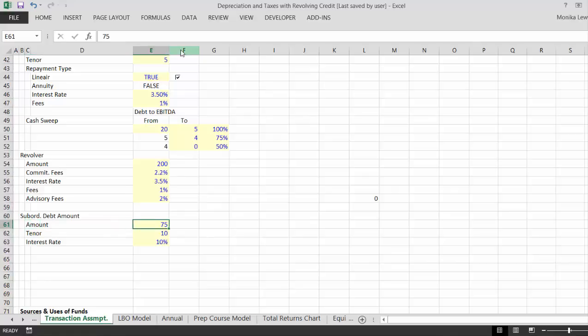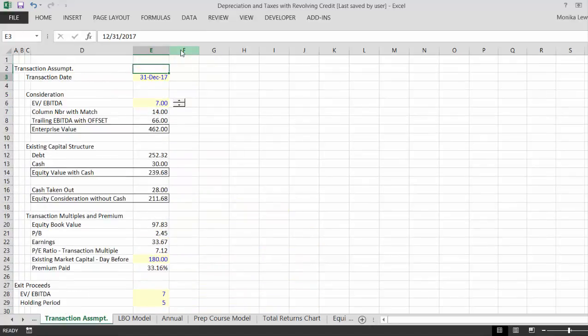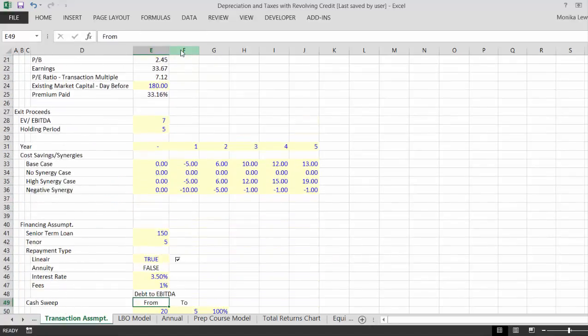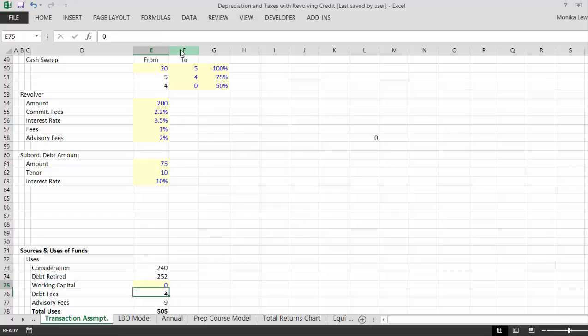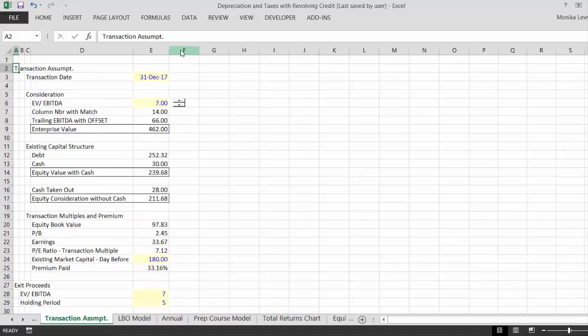Okay, and we want to put different subordinated debt amounts and senior debt amounts and see how that affects our whole transaction. And I suppose we can put one other thing.